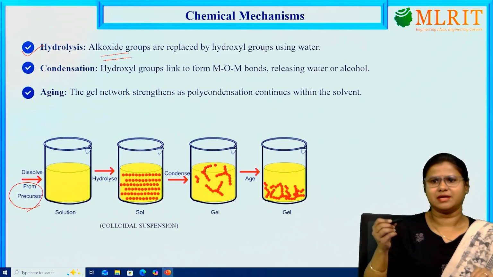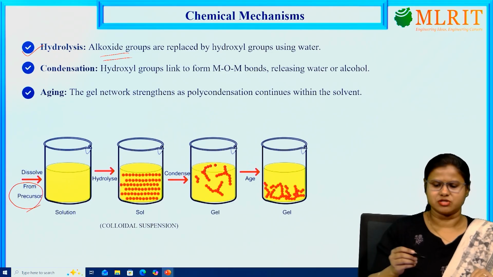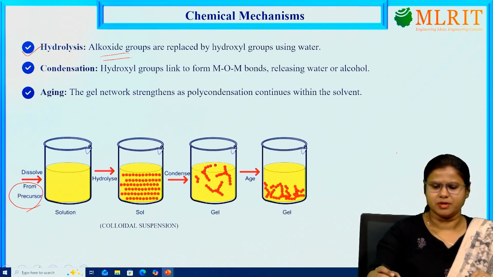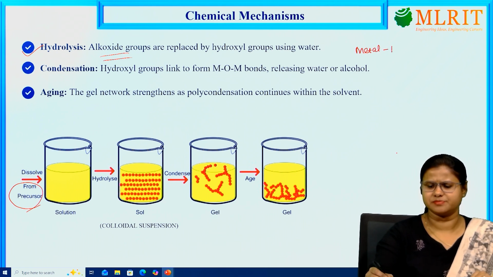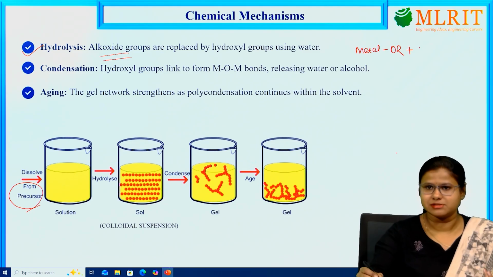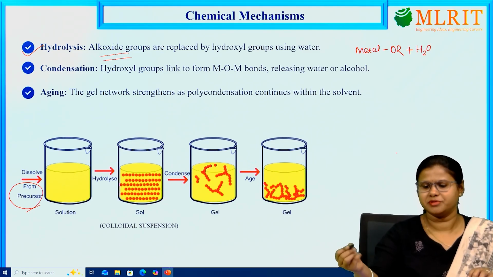Let's say I am taking a particular metal alkoxide, which will be represented as M-OR. I am doing hydrolysis, so I am adding distilled water to this.